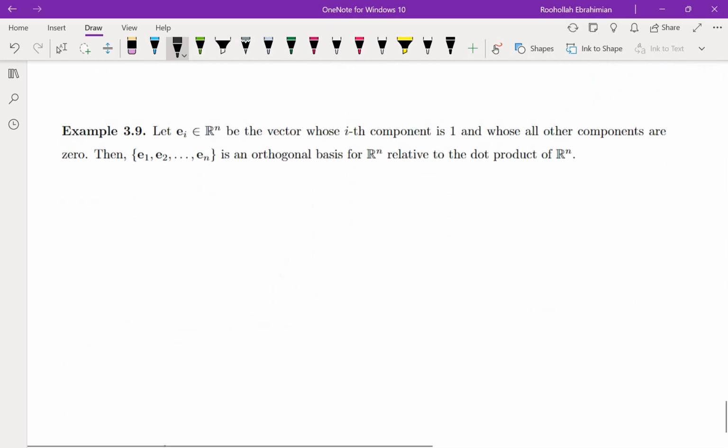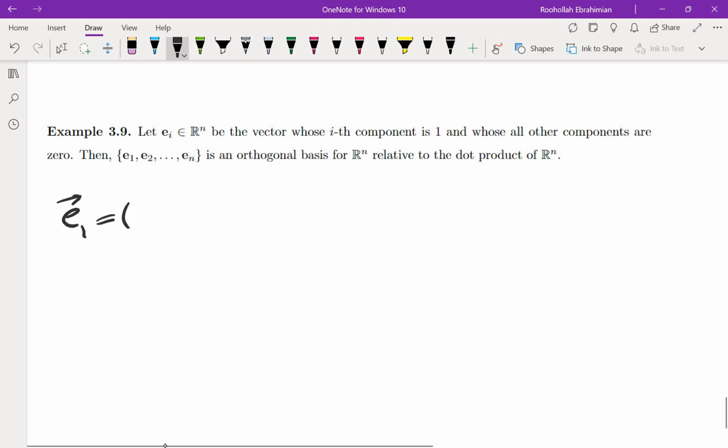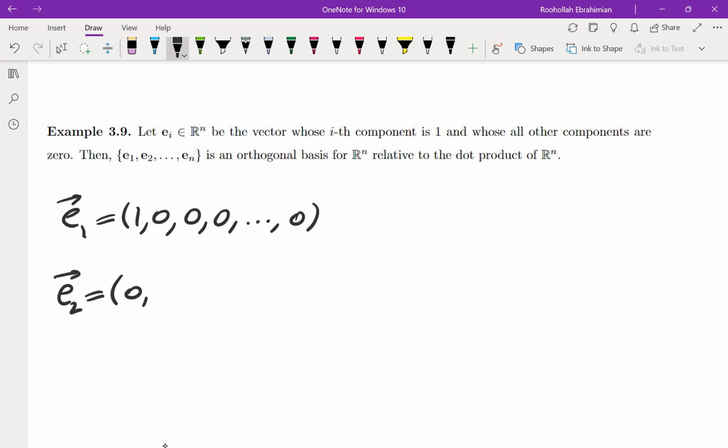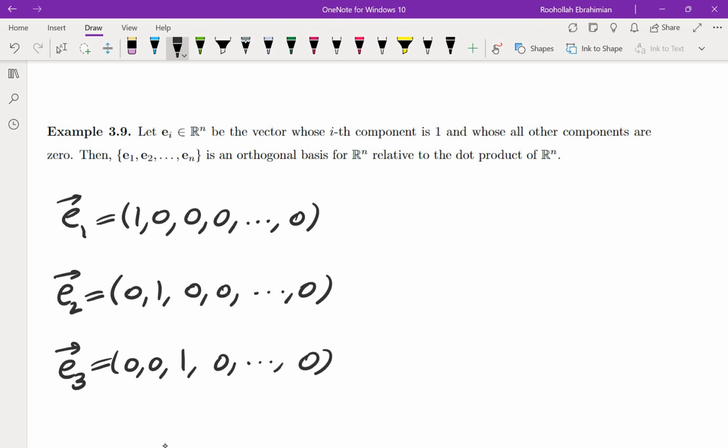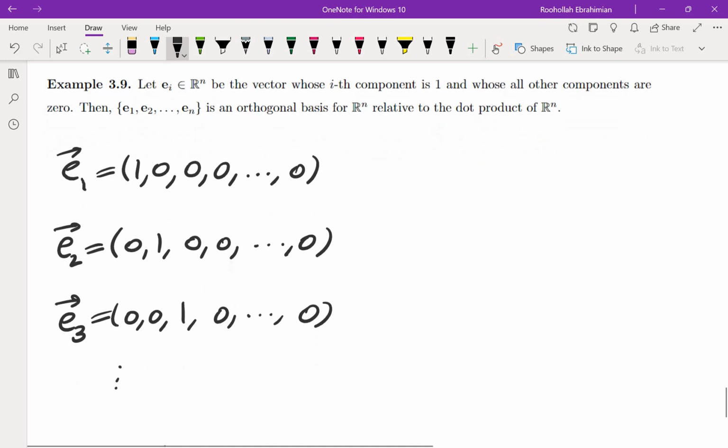Okay, so now given the standard inner product, the dot product, consider the vectors e1 through en. e1 is 1, 0, 0, 0, 0. e2 is 0, 1, 0, 0, 0, 0. e3 is 0, 0, 1, 0, 0, 0, 0, etc. We have seen that these vectors form a basis for Rn.